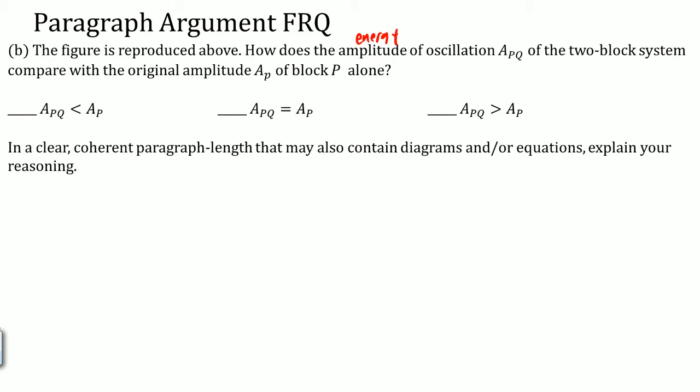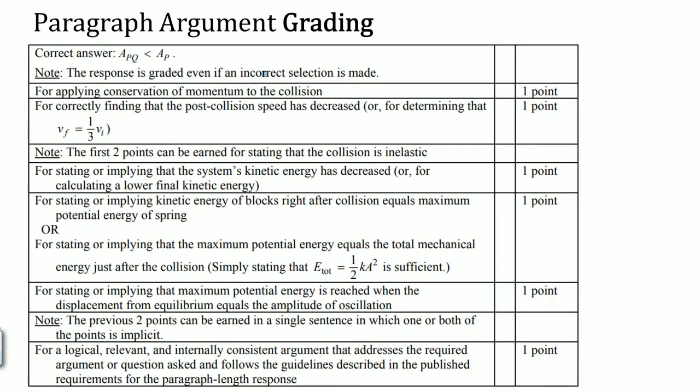So compare the energy of both blocks together versus the energy of the oscillation when it is just the one block. All the paragraph response questions will always say in a clear, coherent paragraph-length response that may contain diagrams, equations, explain your reasoning. Let's take a look at how it's graded.